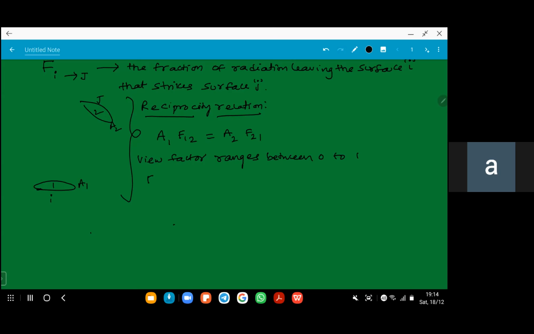For example, F I to J equal to 1 clearly indicates that J completely surrounds I, like concentric shells, or long, infinitely long concentric cylinders.